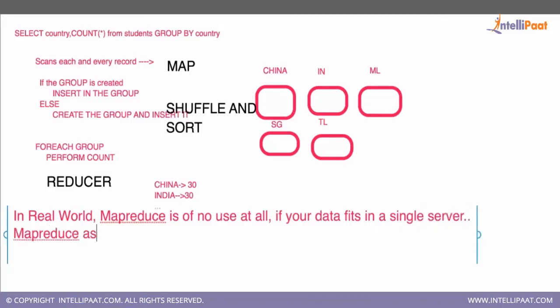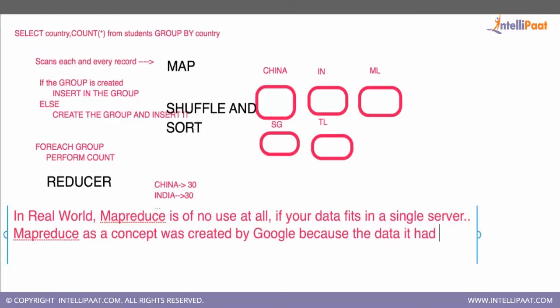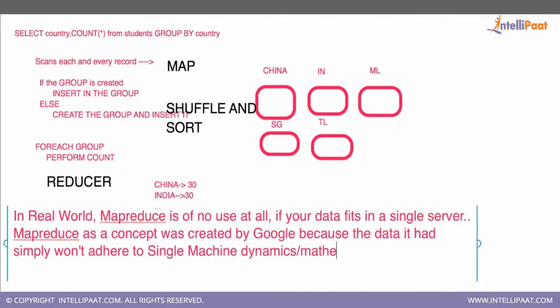MapReduce as a concept was created by Google because the data it had simply won't adhere to a single machine dynamics and mathematics.